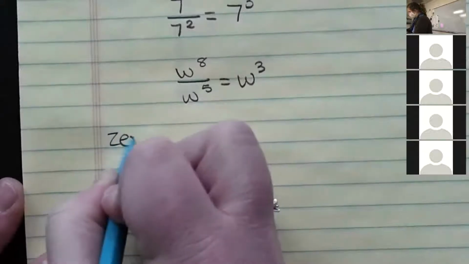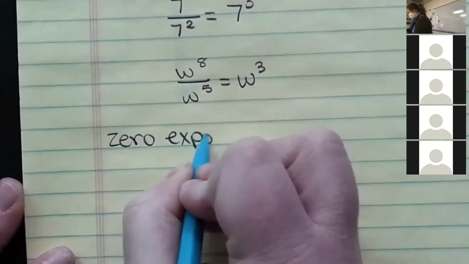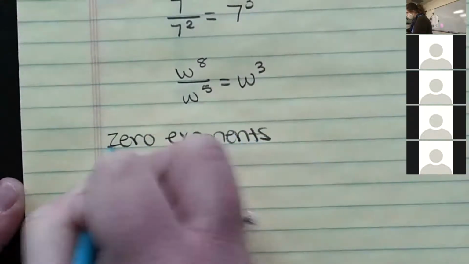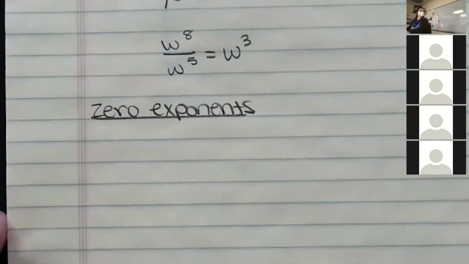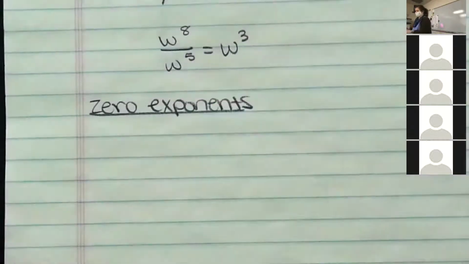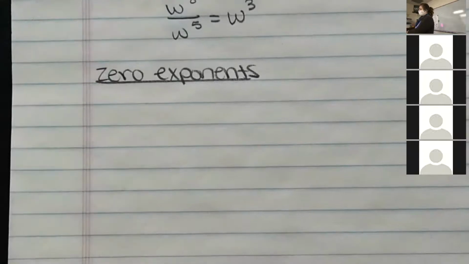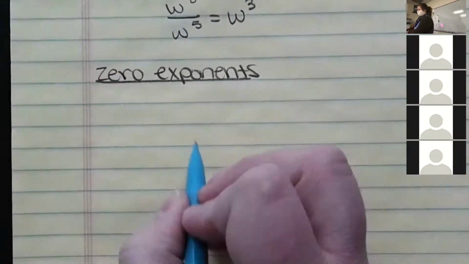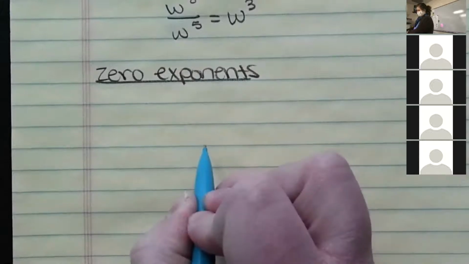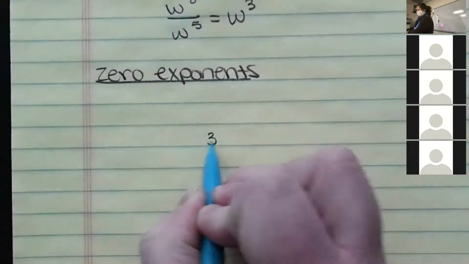All right, let's talk about 0 exponents. I'm going to leave a space here because I'm going to write something in words, but I'm going to do a little thing to maybe make you understand it better. I'm going to talk about the number 3.